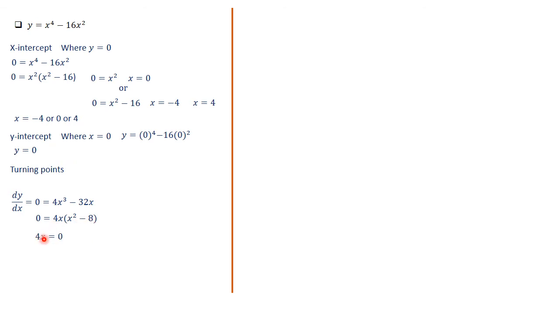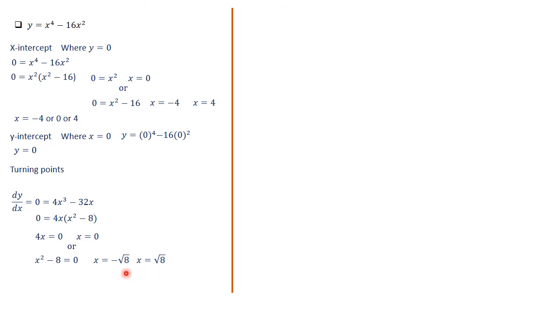So we have 4x equals 0, which means x equals 0. Or we have x squared minus 8 equals 0. Therefore, taking 8 the other side, x squared equals 8. Find the square root of that. It'll be negative or positive. So we have the turning points at x equals 0, x equals negative root 8, or root 8.